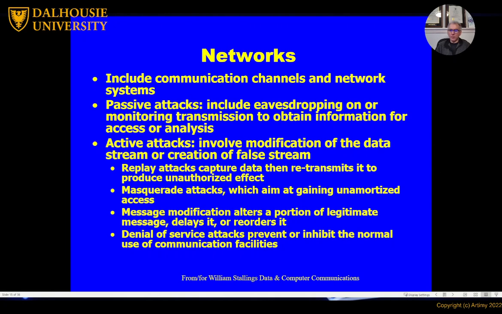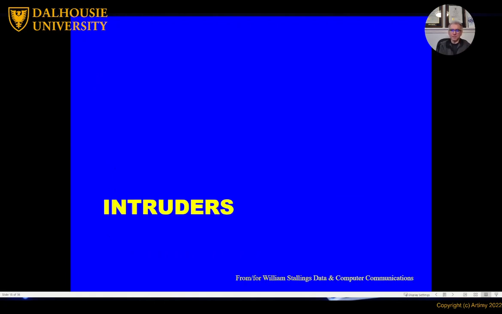In the go back N protocol, for example, if the packets are not received in order, the destination will ask the transmitter, the source, to resend the packets. If I maliciously, every time I see a group of packets sent, take one and delete it or insert errors in it, this means that the receiver will keep asking for the sender to retransmit, which means that the network will fail eventually.